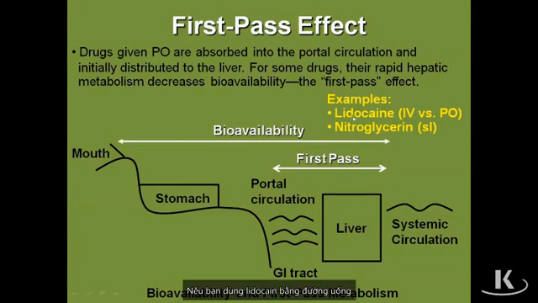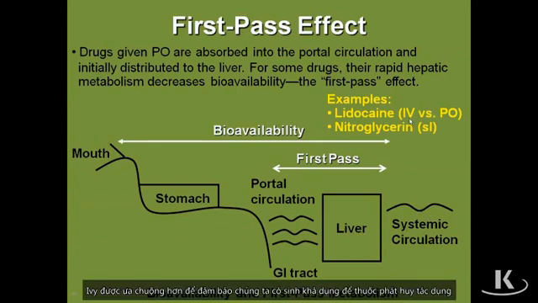Now, if you were to take lidocaine orally, what's going to happen is that it's going to go through this process, and when it gets to the liver, its metabolism is going to be so extensive that the amount of drug that comes out on the other side into the systemic circulation is going to be very, very low. Okay? So lidocaine is not very effective at all by the oral route. Therefore, IV is preferred to make sure we have the bioavailability for the drug to work.